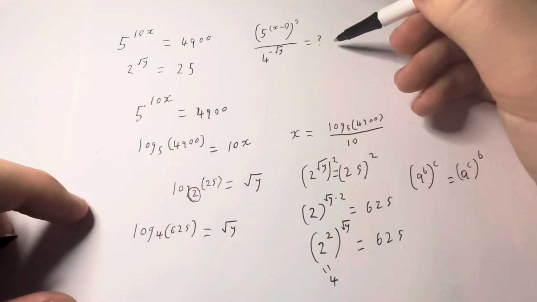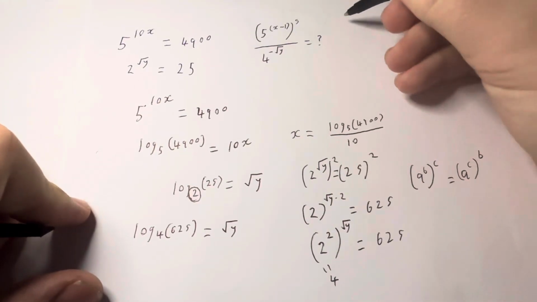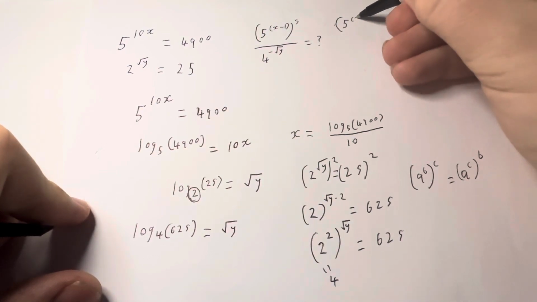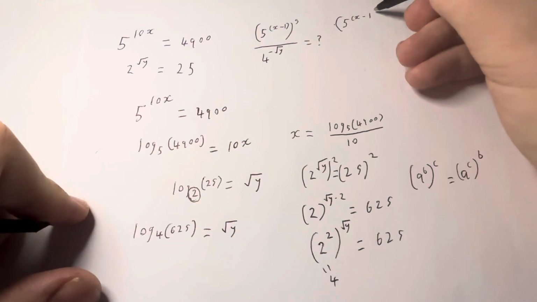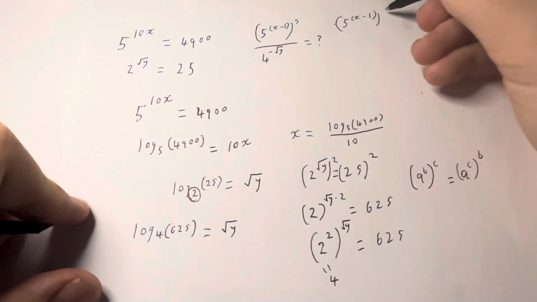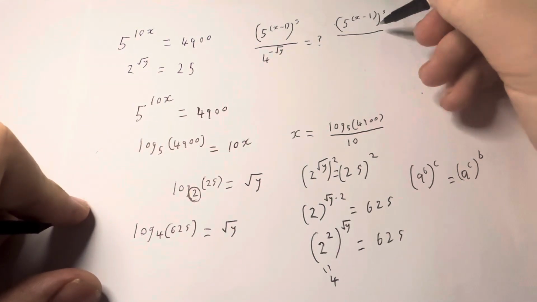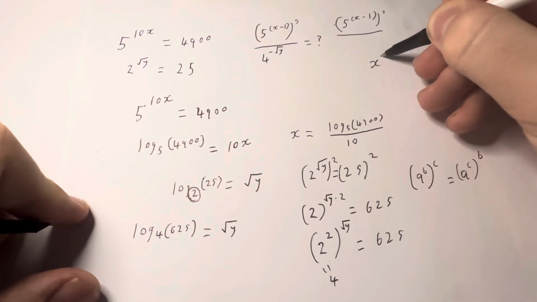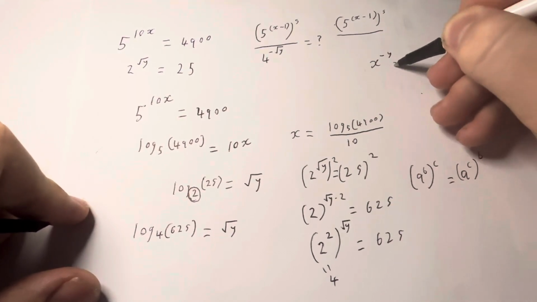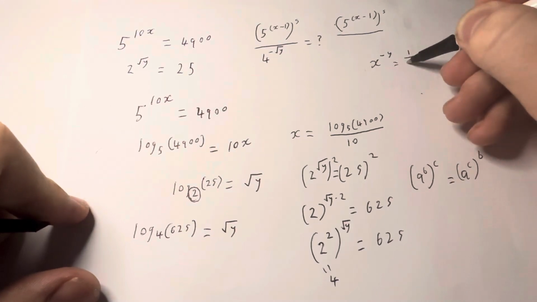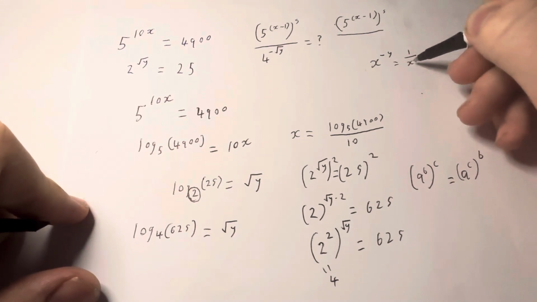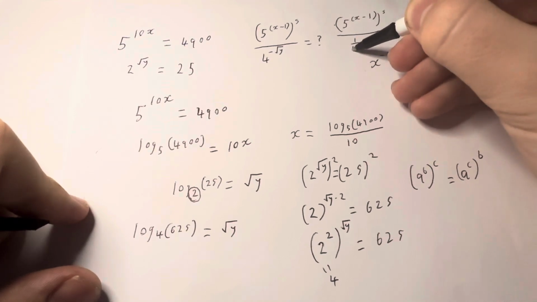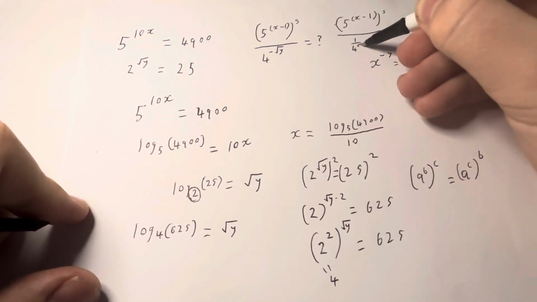Okay, let's have a look at this puzzle again. So we can write this as 5 to the power of x minus 1 all to the power 5 divided by, when we have a negative exponent, we know that this is equal to 1 over x to the y. So we can rewrite this as 1 over 4 to the square root of y power.